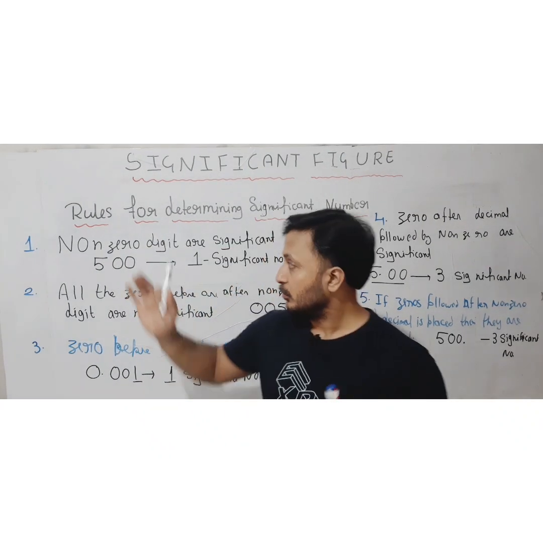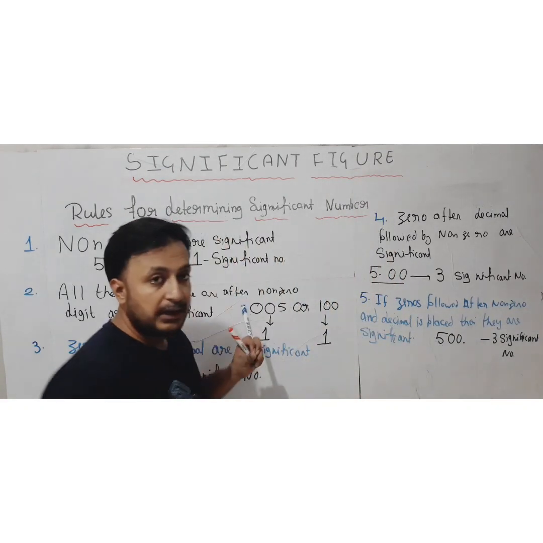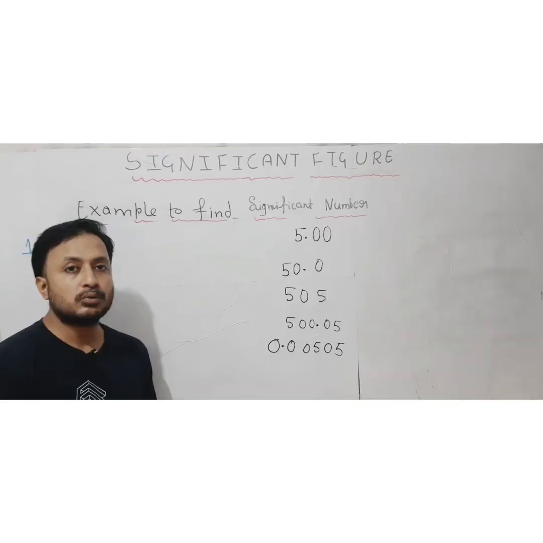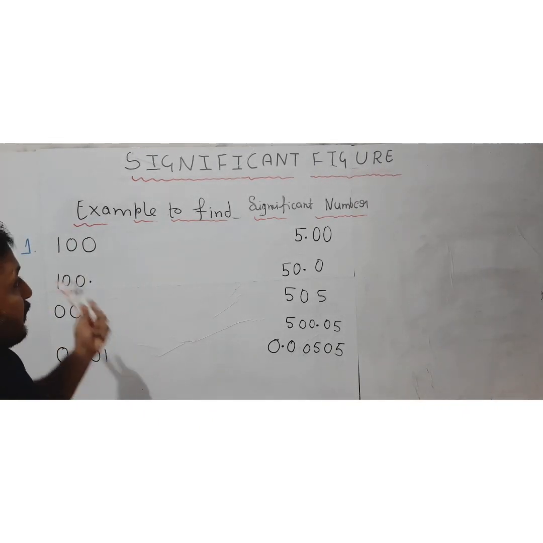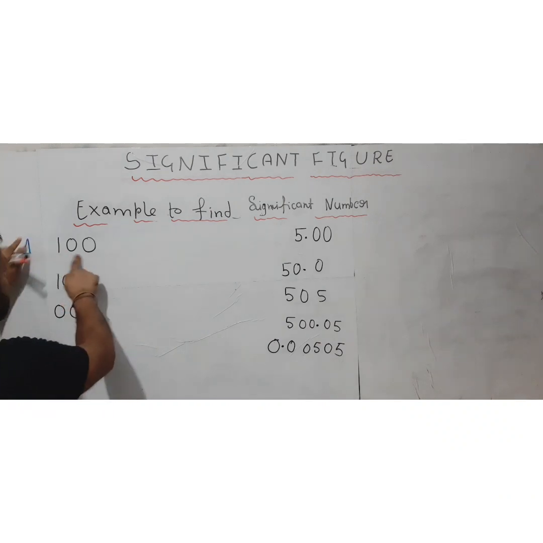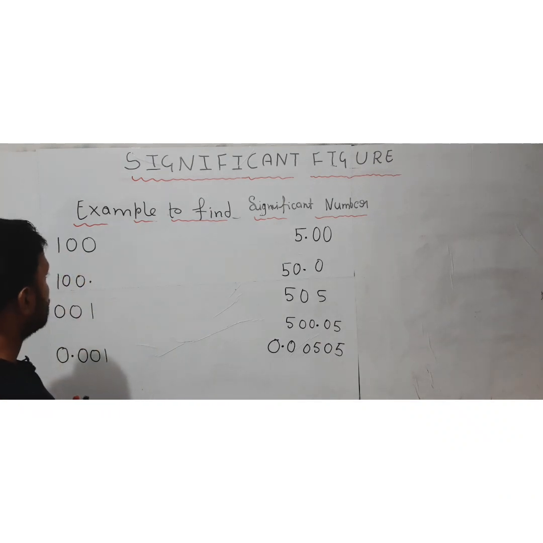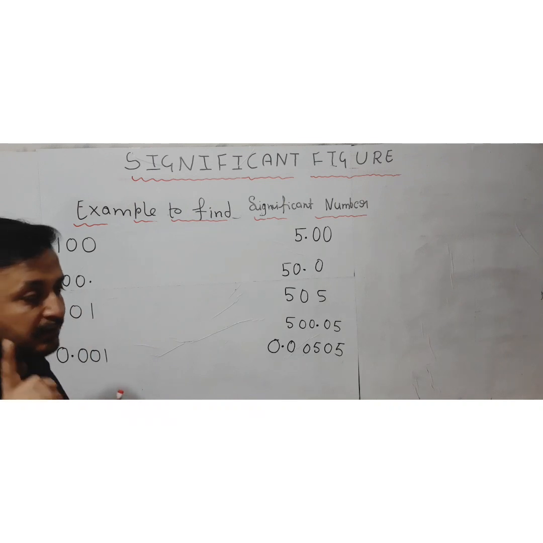Now we are going to solve some examples for you, so you can get the help that how we can calculate. To see some examples to calculate the number of significant figure, like the first example is there. If you see, there are 100, as already told you in the rules, that if the non-zero digit is there and after that zeros are followed, then only non-zero digit will be considered as significant.